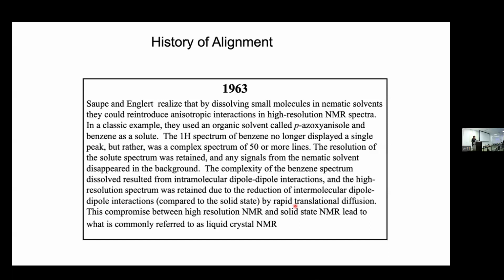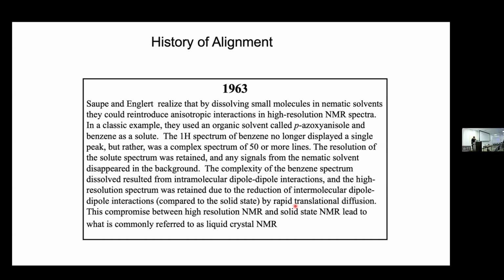Now we call it the alignment tensor, but actually it's Saupe and Englert who derived the equations that demonstrated that there were really only 5 numbers you needed to know to account for the averaging of a rigid structure under the influence of partial alignment. So that was the theory of how you would explain the data.